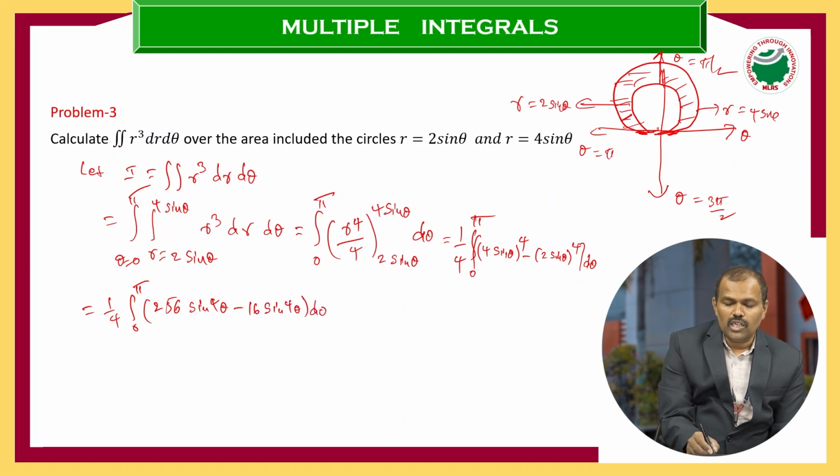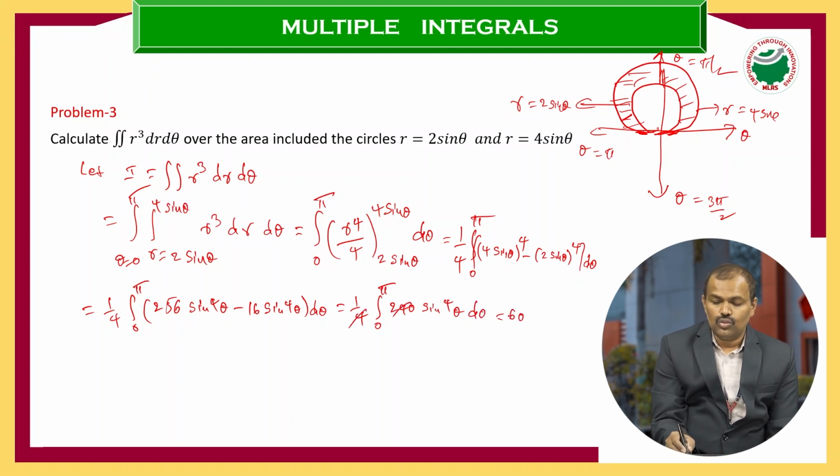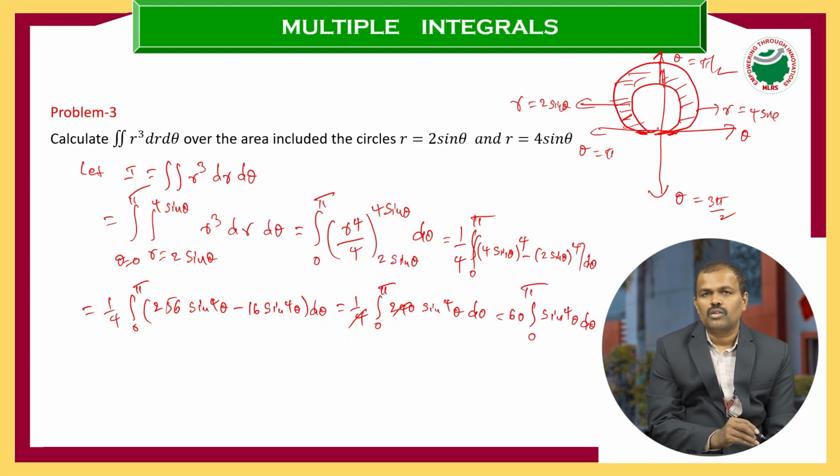If I take sin power 4 theta common, it is integral 0 to 180, 256 minus 16, 240 sin power 4 theta d theta. So the 4 in 240 cancels, 60 into integral 0 to 180 sin power 4 theta d theta.